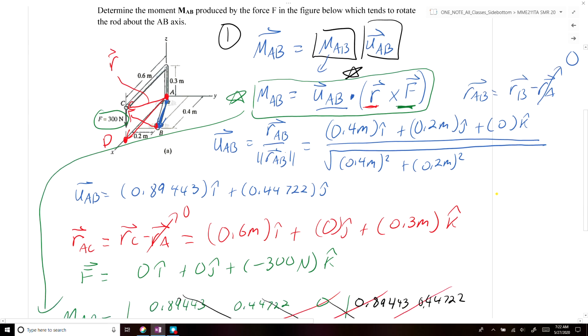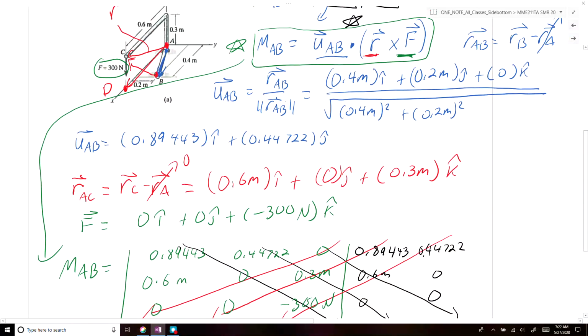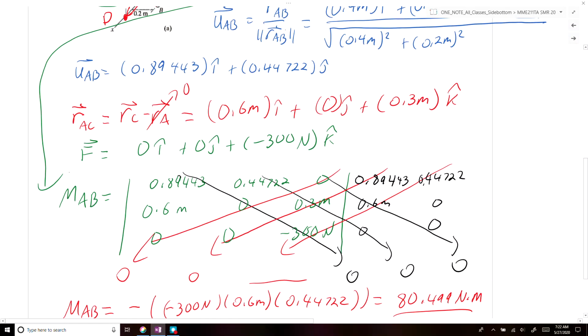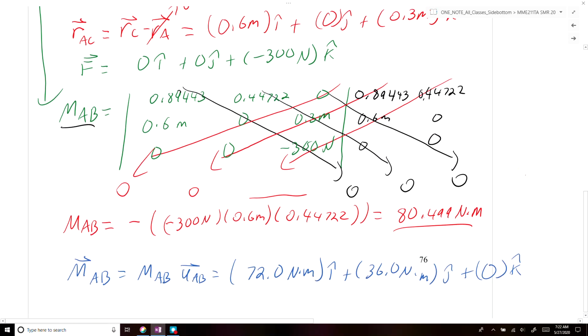So we defined each of the terms in our vector, and once we did that, we plugged it into our dot product equation, solved for the moment about the axis, which is a scalar number, and then to define it as a vector, we had to take the scalar product of our moment about our axis times the unit vector of the axis.